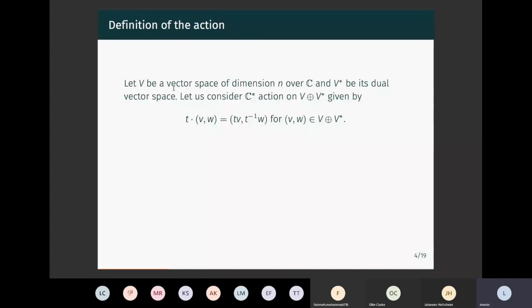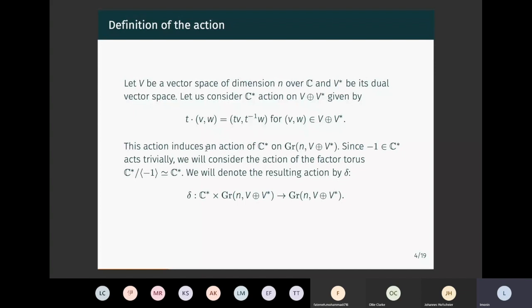Let me consider this action: on the first vector space, it scales everything by t, and on the second, it scales everything by t inverse. So it's a very simple C-star action on this space. It has just two weights.